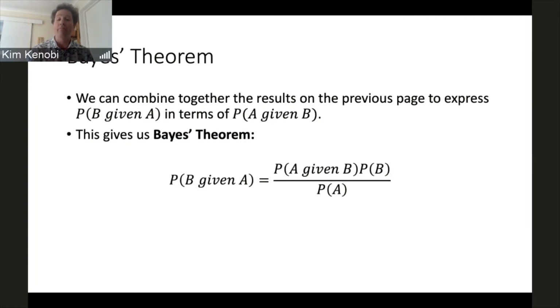The probability of B given A is the probability of A given B times the probability of B divided by the probability of A. Okay, so we've got a way of relating these two conditional probabilities one to the other.